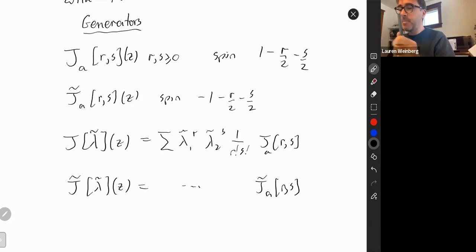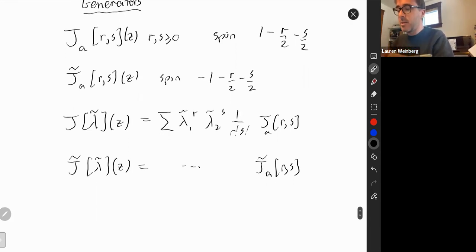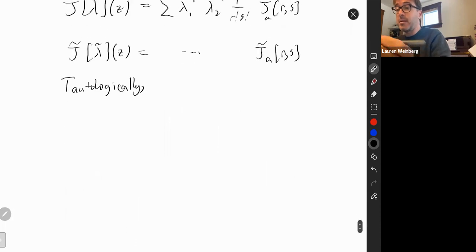So I've just built this tower, and it's all a bit tautological because we've defined it so that we haven't really done anything yet.